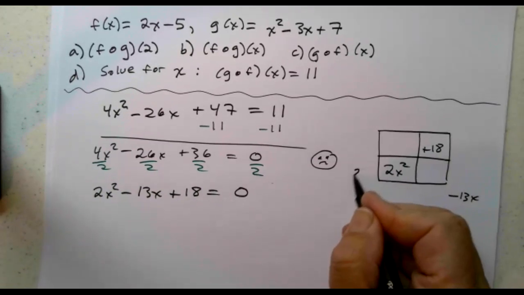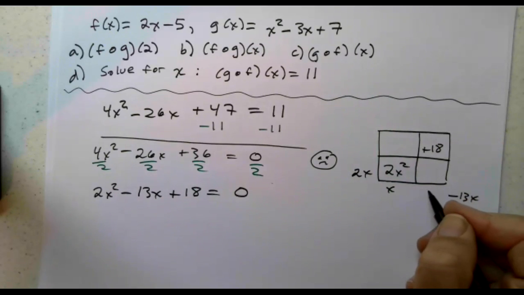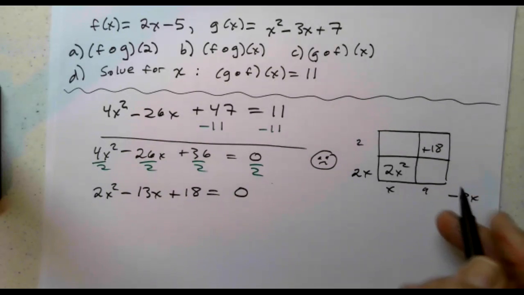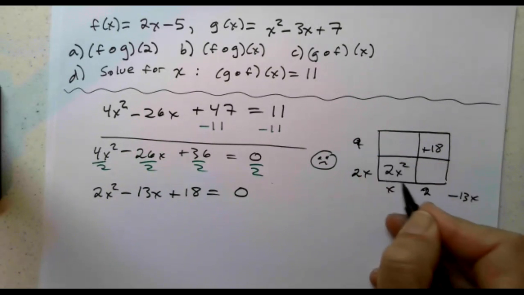Well, 2x squared's got to be 2x times x. 18 could be 6 times 3 or 9 times 2, or 1 times 18. So let's take a look. If I go to 9 times 2, that would give me 18 here and 2 there, and no way to get 13 out of 18 and 2. If I go with 2 and 9, that would give me 4 and 9.